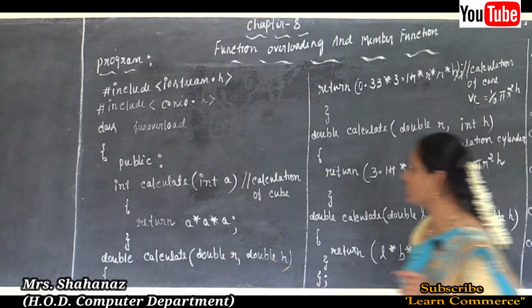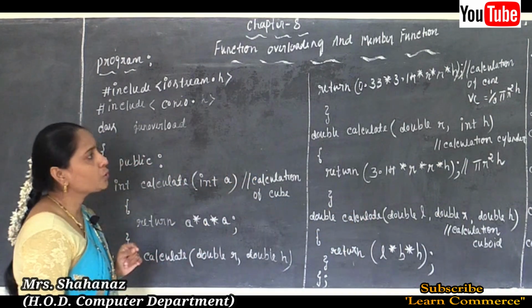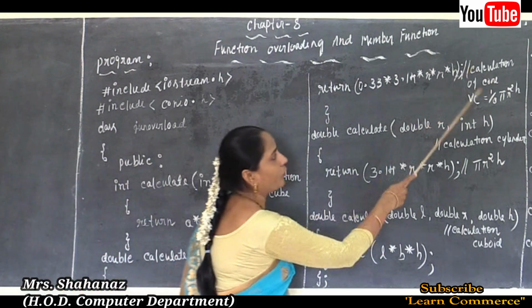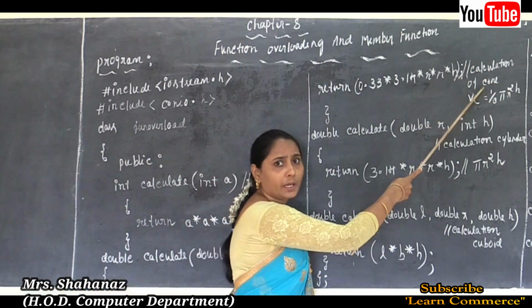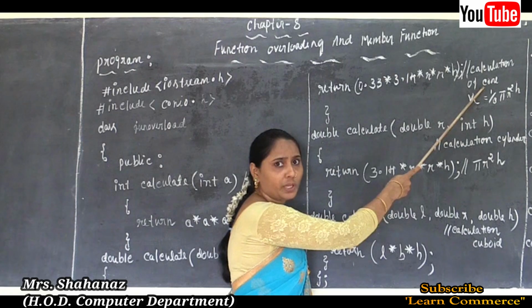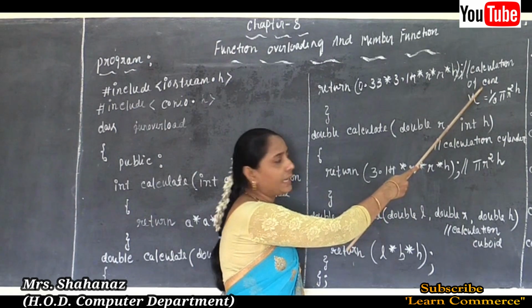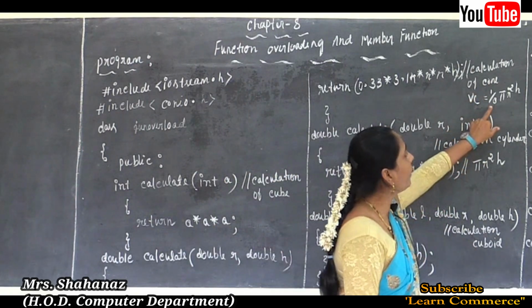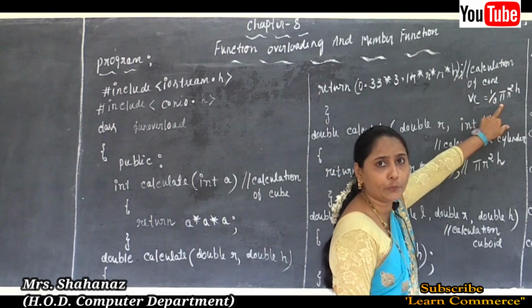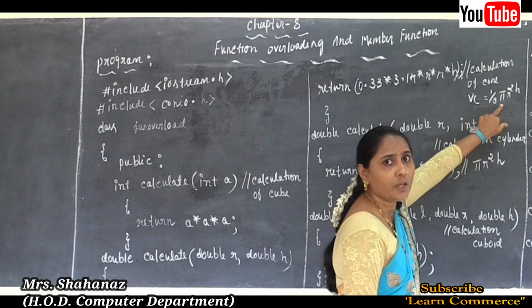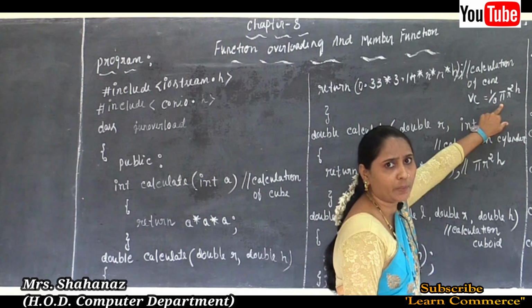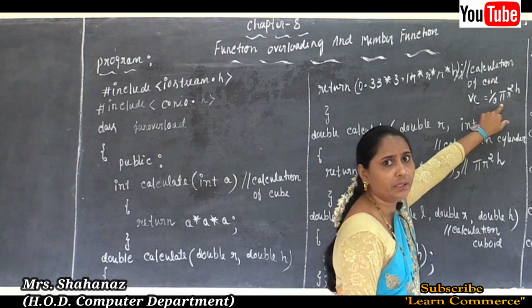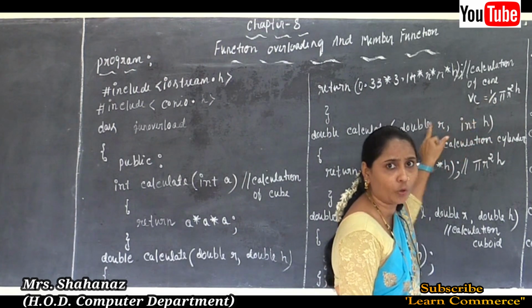This function is used to perform the calculation of the cone. We know that the calculation of a cone is 1/3 pi r square h. This is the mathematical formula, but we can't write it like that in our coding.